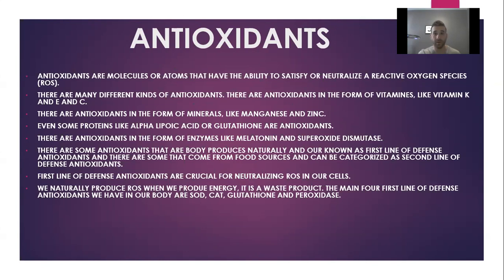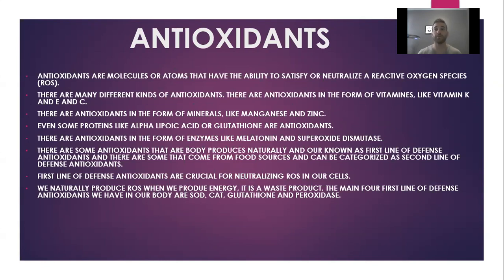Each of them has a different free radical that they target or neutralize. But the basic idea is that we are naturally producing free radicals just from metabolizing oxygen, as an example, and these antioxidants help neutralize the free radicals that we're naturally producing by metabolizing energy and creating cellular waste.